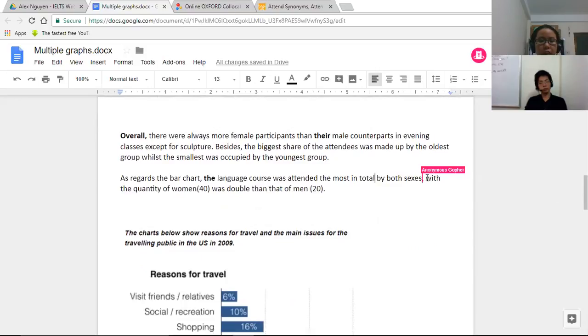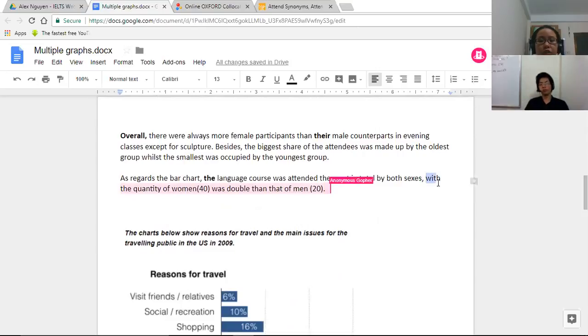Okay, there's something wrong with the part here. As you read the sentence, you can see the phrase with the quantity of lengthens the sentence in an unnecessary way. So you just say, as regards the bar chart, the language course was attended the most in total by both sexes, with 40 women compared to 20 men.